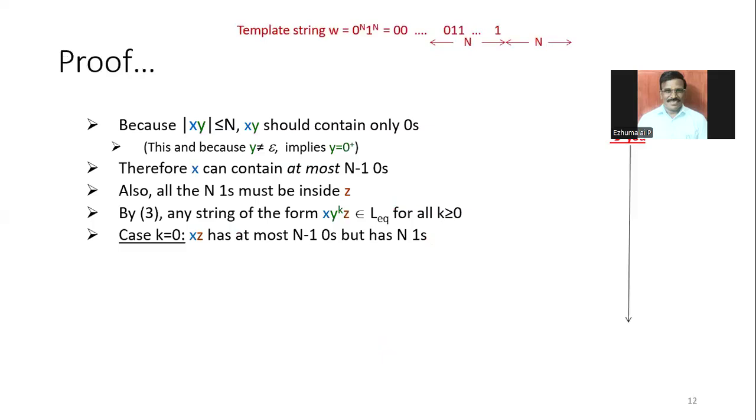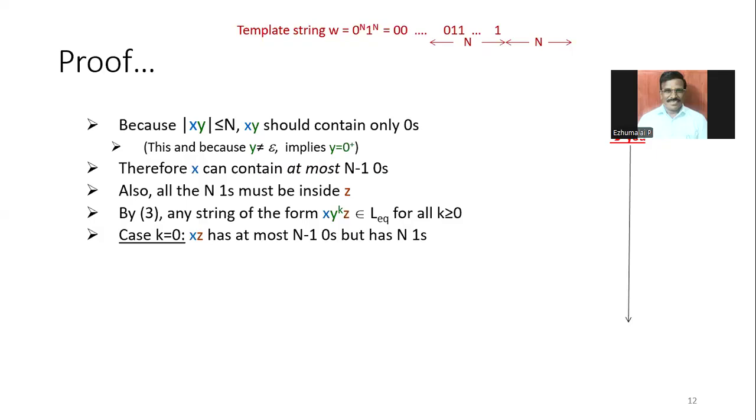Because |xy| is less than or equal to n, and y should contain at least one zero, x can contain at most n minus 1 zeros. Also, all the n ones must be inside z. By condition 3, any string of the form x y^k z belongs to the language for all k greater than or equal to 0.